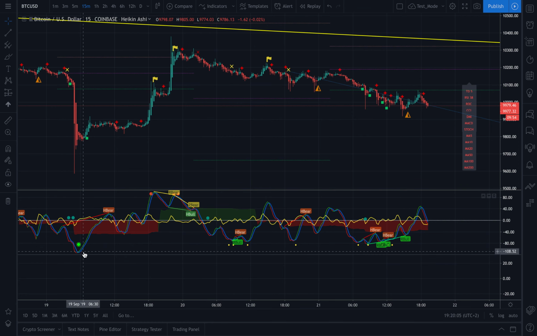Always when we have a cross down here above the 60 line, where the hell are my lines? I lost them, as I see. Good, I have to repaint it. No problem. Anytime when we get a cross, this is a major long signal. At this time also the yellow one, the momentum line, is up at zero.